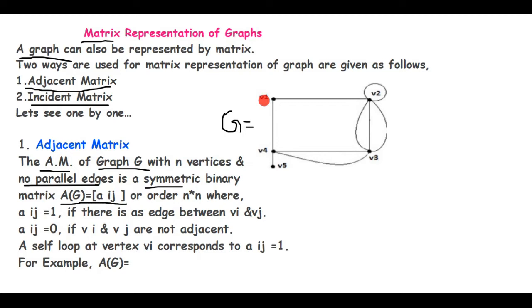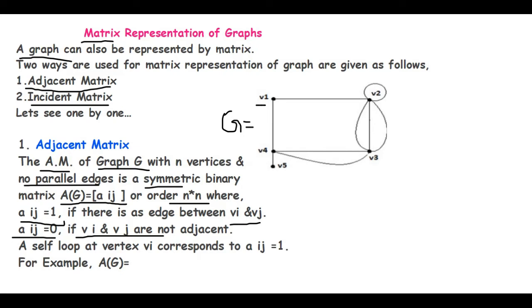So which means, as I've shown in the picture right here, using the n vertices, we can calculate the adjacency matrix, but it's always assumed that there are no parallel edges, that is a symmetric binary A of ij, in n cross n. Where A of ij is 1 if there is an edge between V of i and V of j, and A of ij is 0 if V of i and V of j are not adjacent.